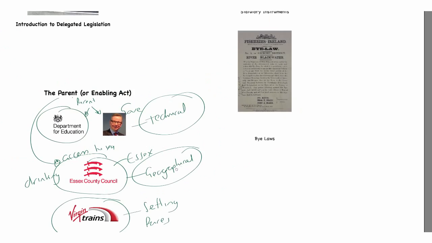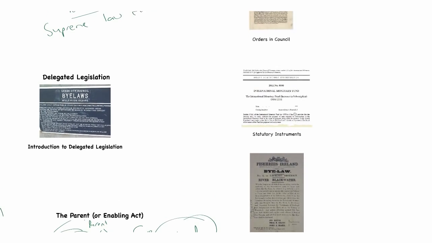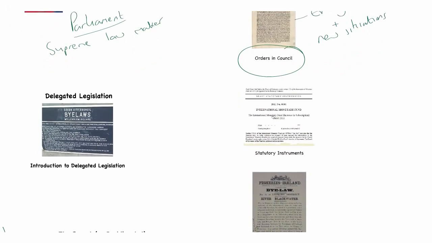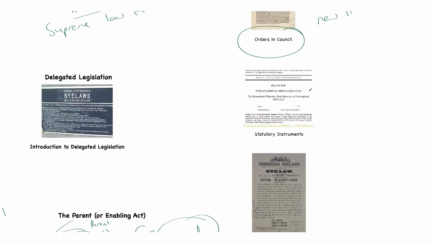And there are three main types of delegated legislation through which this is done. The first main type is known as an order in council, and this is the delegated legislation that deals with emergencies and new situations. The second area are known as statutory instruments, and these are created by government ministers, and they are about technical expertise.